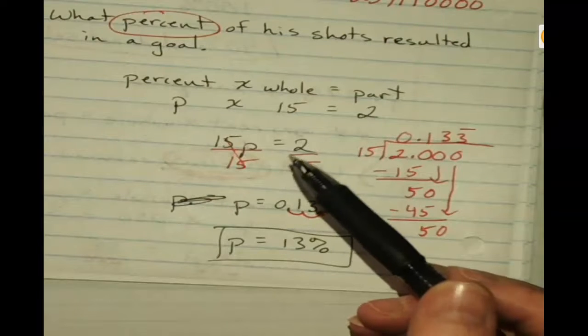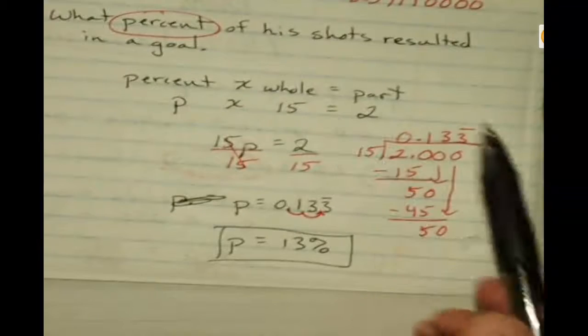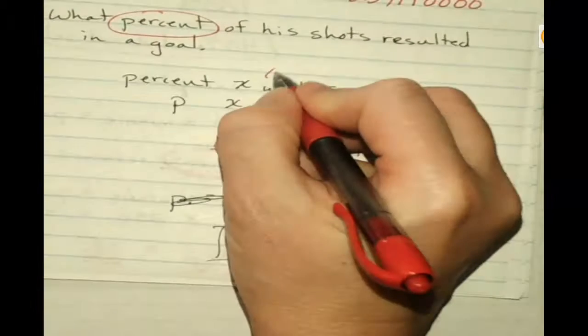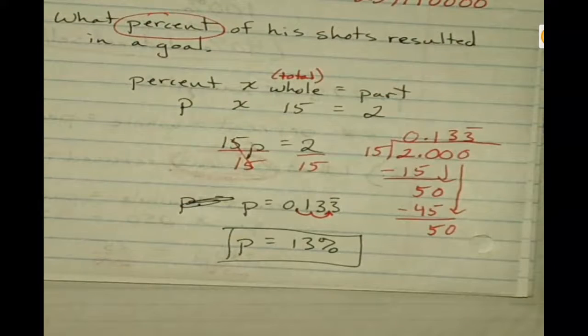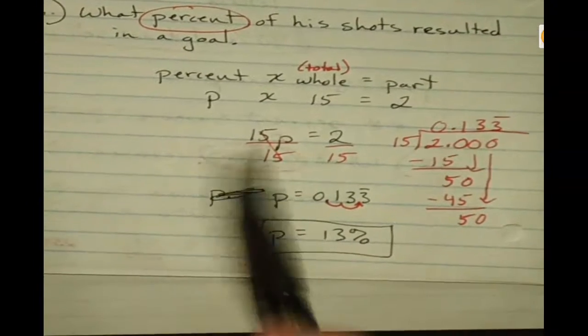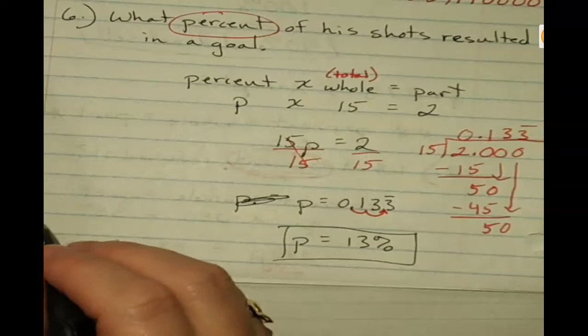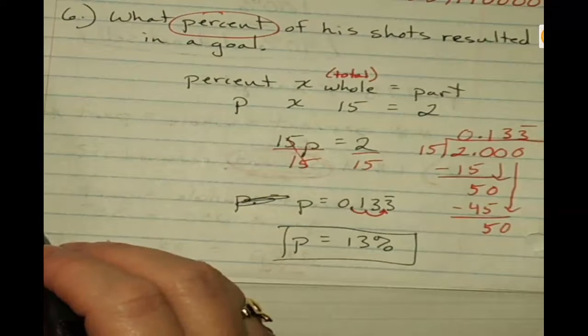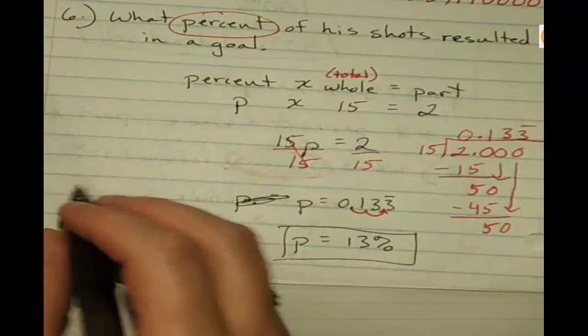So you have to read into that and ask, what's the whole, what's the total? Another way to say whole is total. That's just something else to remember. Or think of it as a fraction, like 2 over 15. He got 2 out of 15. Either that helped or it confused you more.